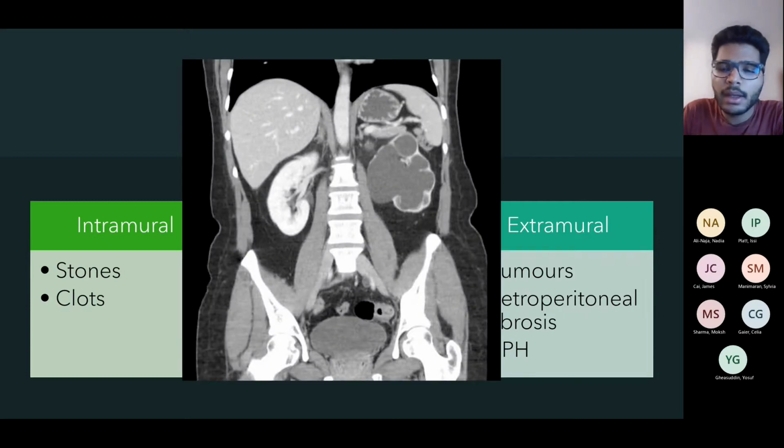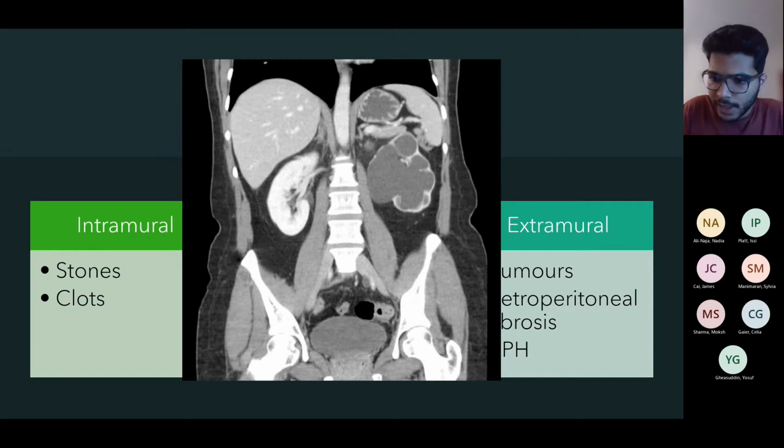So does anybody want to tell me what kind of scan this is and what it's showing? Let's start off with the first question. So what kind of scan is this? Yeah, Mox, so it's a CT.